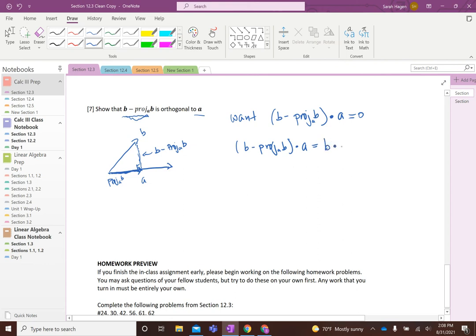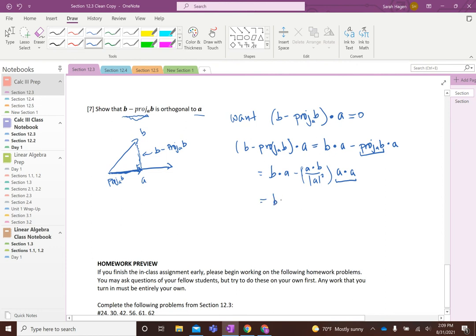That's equal to B dotted with A minus the projection of B onto A dotted with A. And then let's remember what the projection is: A dot B over the length of A squared, all of that's a scalar, times A. And then we're dotting that with A. Now remember, A dot A is equal to the length of A squared.